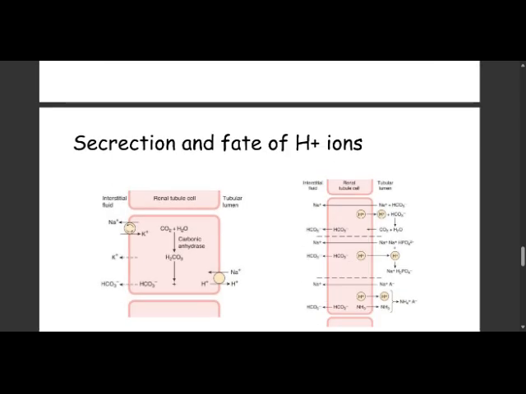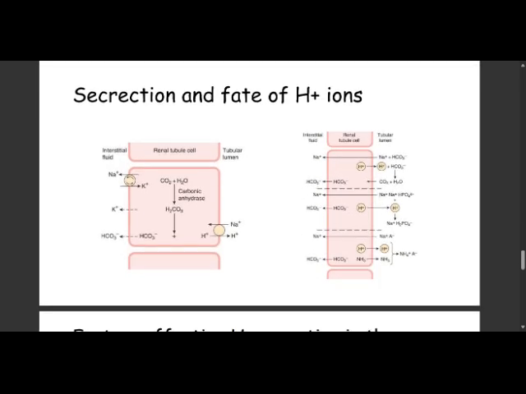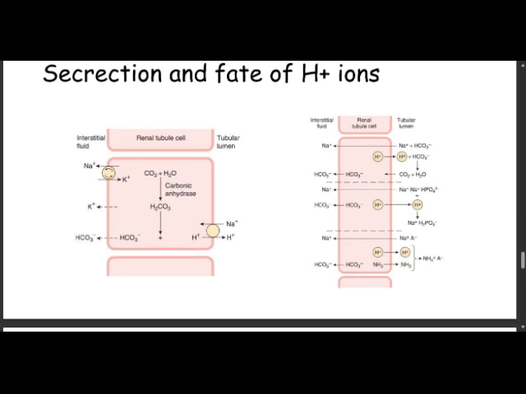All right, so secretion of H plus ions, how basically this happens is summarized in these pictures. Remember this reaction, carbonic anhydrase works on carbon dioxide and water to produce H2CO3, carbonic acid. This carbonic acid will dissociate into a proton and a bicarbonate ion.